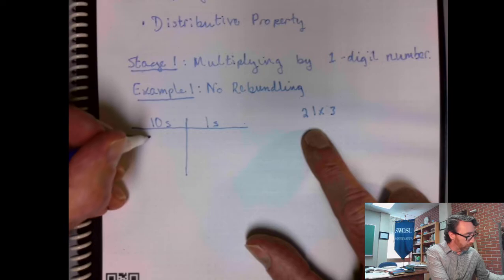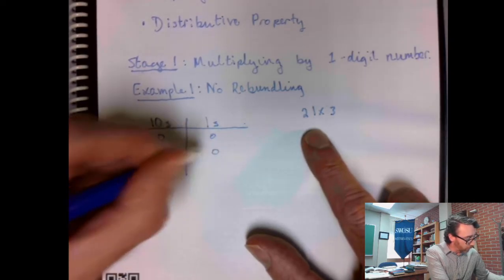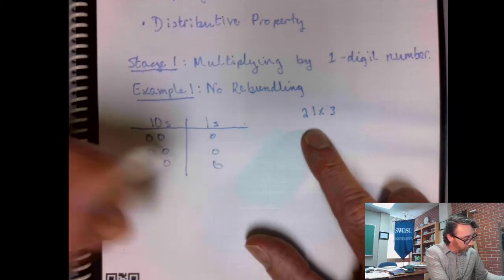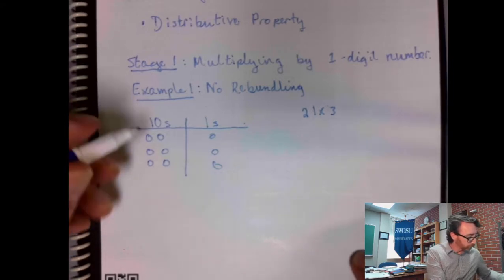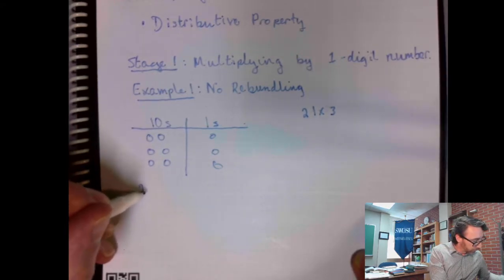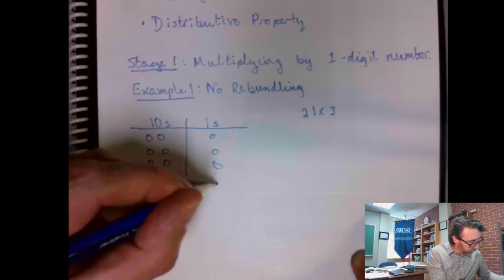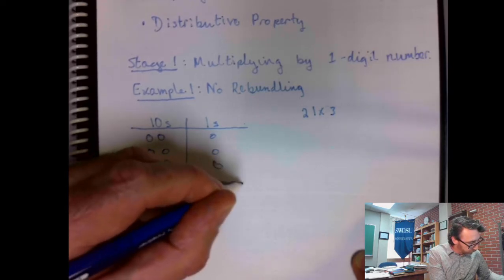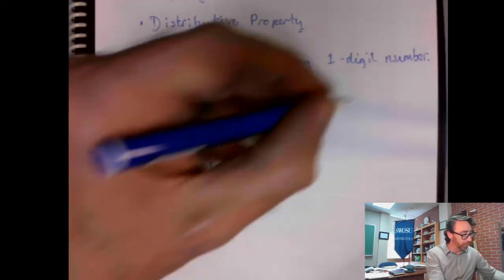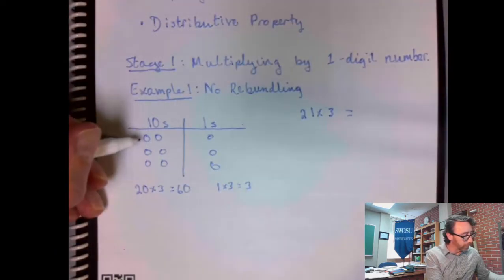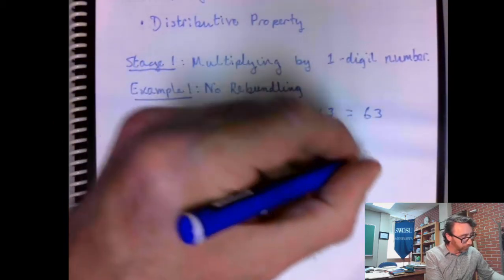We can load 21 into the chip model 1, 2, 3 times. So we have 3 groups of 21. And we can see here in the chip model, we get the answer right away: 6 tens, 3 ones, so 63.